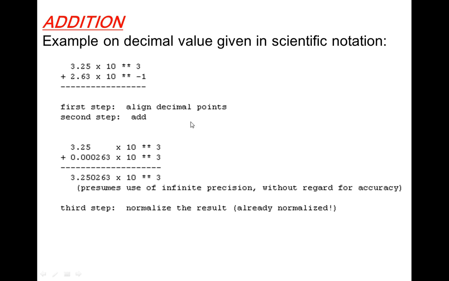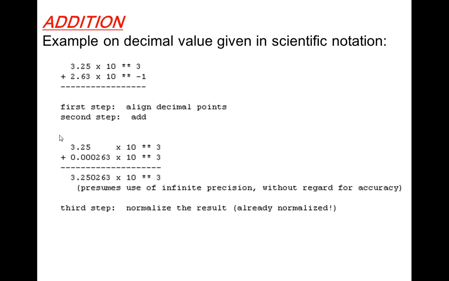The second step is to add them. This is the alignment. Now add them: I get 3.25063 times 10 power 3. This presumes use of infinite precision without regard for accuracy. As I told you, there is less accuracy in addition, subtraction and multiplication of floating point numbers.